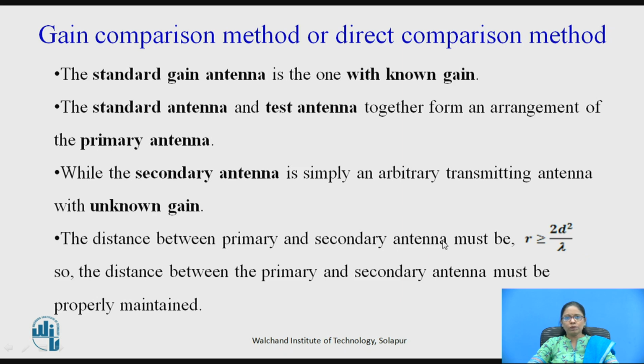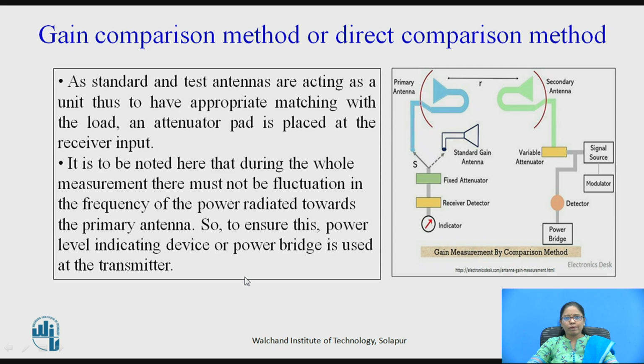The distance between the primary and secondary is kept greater than 2d square by lambda. As the standard and the test antenna act as a unit, there should be appropriate matching of the load, and the attenuator pad is placed so that there will be load matching.